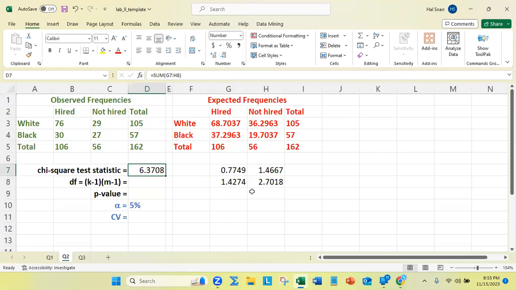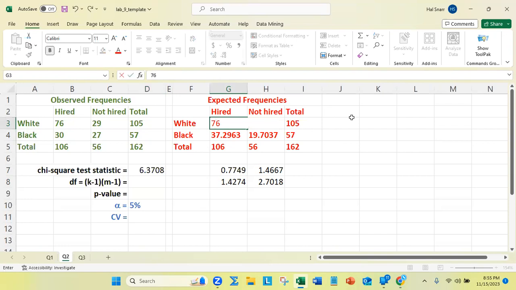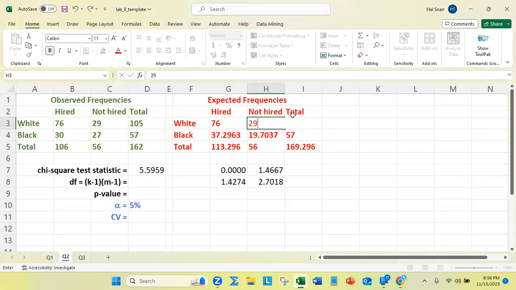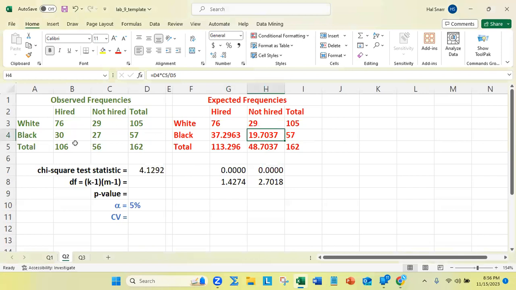Okay. Now, if there were no differences, so I'm going to say there's no differences, right? So this is 76. So if we observed 76 and the expected frequency was 76, and then suppose again we had expected 29 here and we observed 29, and suppose we expected 30 here and we had 27 here.